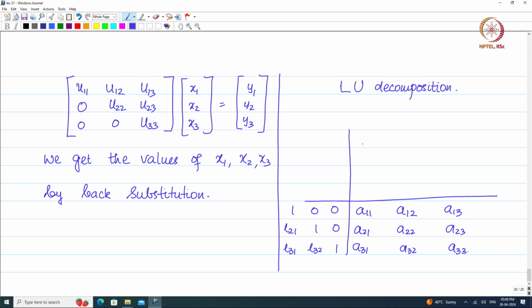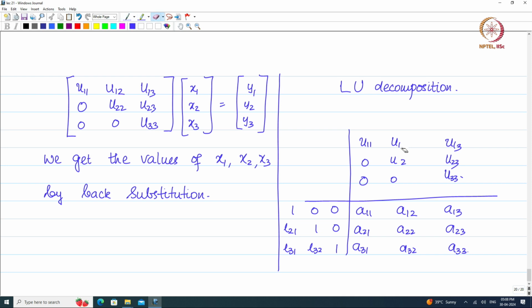Similarly, I have the upper triangular matrix, which is basically U11 0 0, U12 U22 0, and U13, U23, U33. Let me write it corresponding to the column.